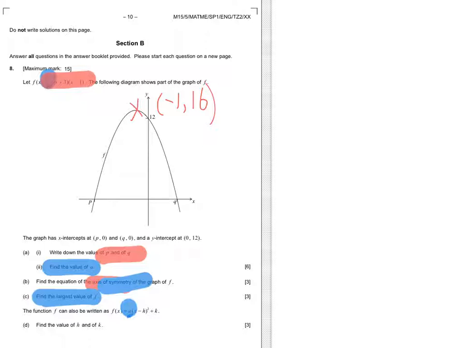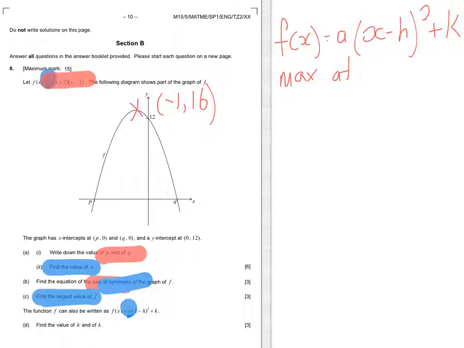Because you should know that the completed square form, f of x is equal to a times x minus h squared plus k. Well, we get the turning points, the maxima or the minima, when x minus h is 0. So in this case, it's a maximum.